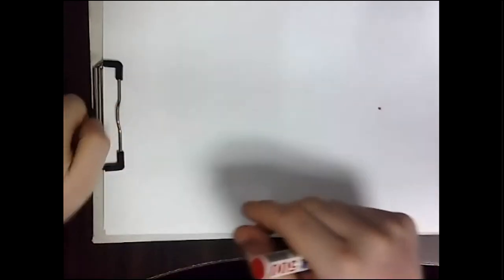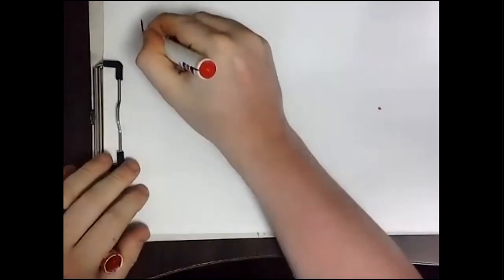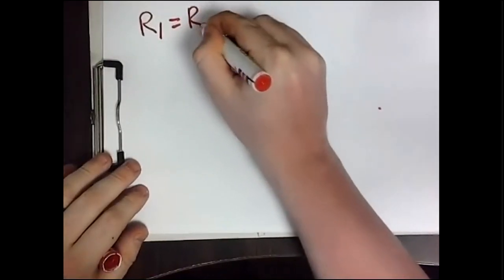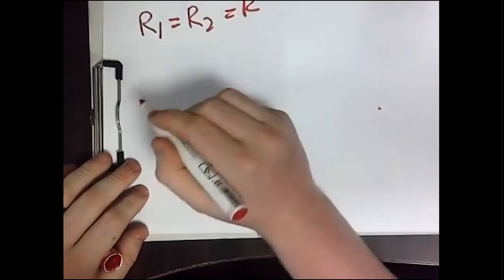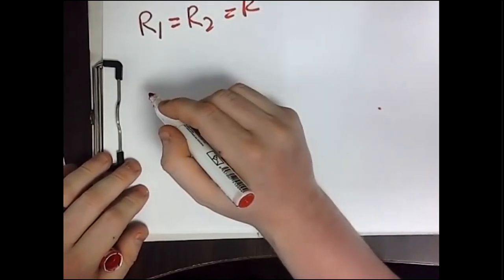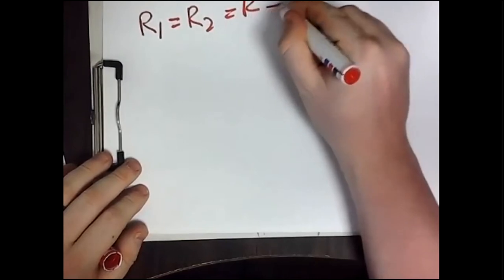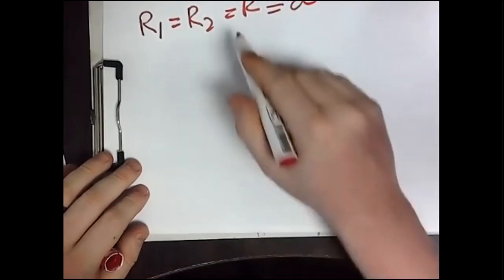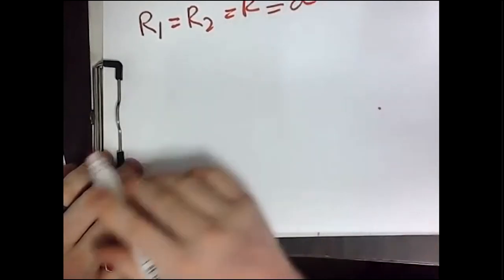Okay, let's solve it for another condition. Now let's say that again R1 equals R2 equals R, and this R equals d. So you force R to be equal to d.